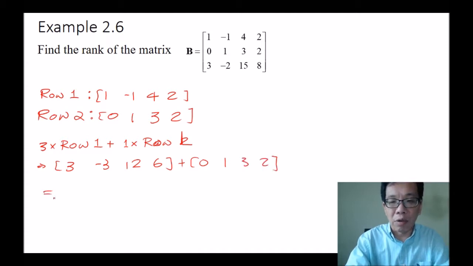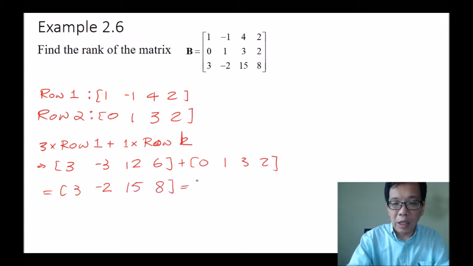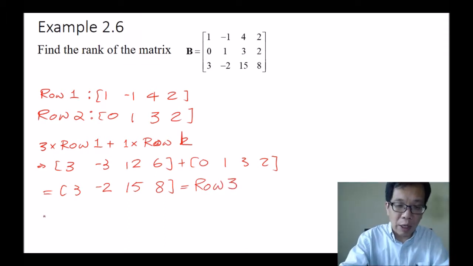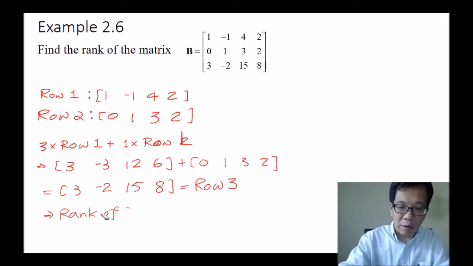That equals 3, -2, 15, and 8, which equals row 3. This means the matrix is not full rank, and the rank of matrix B equals 2.